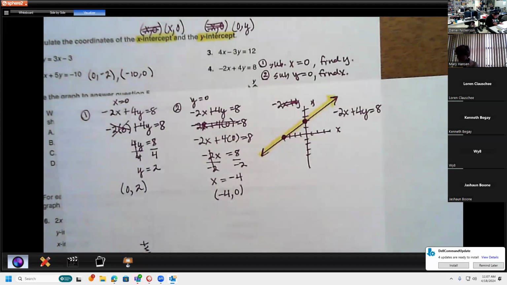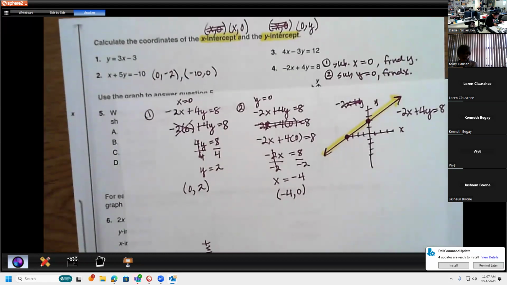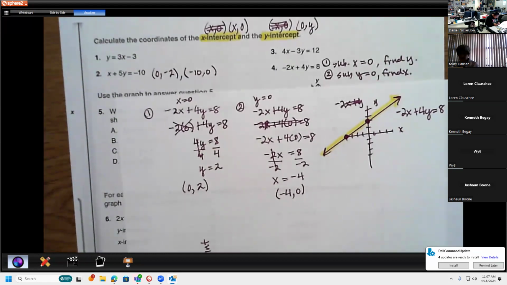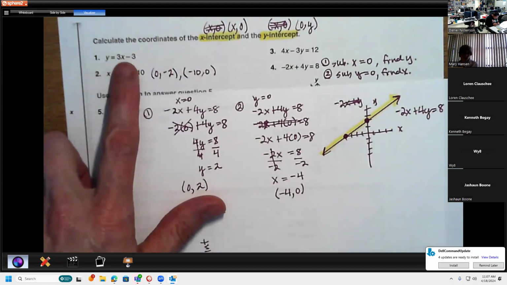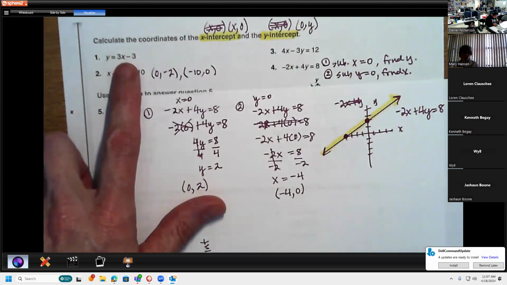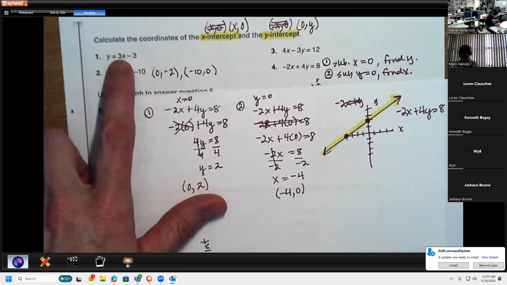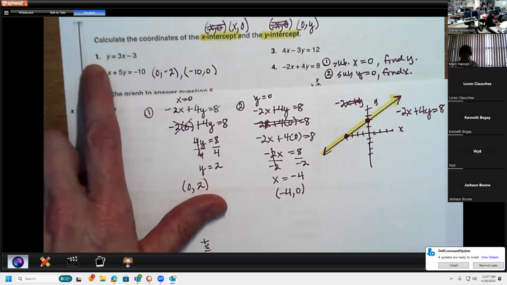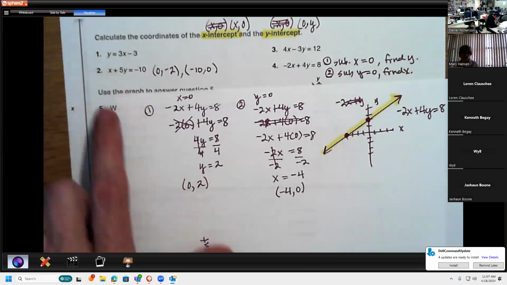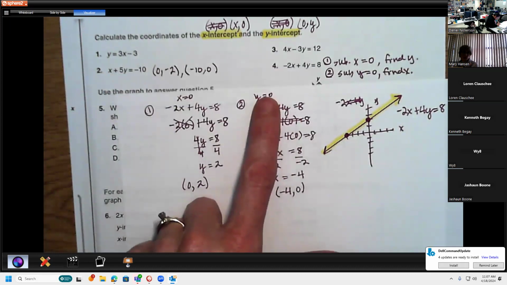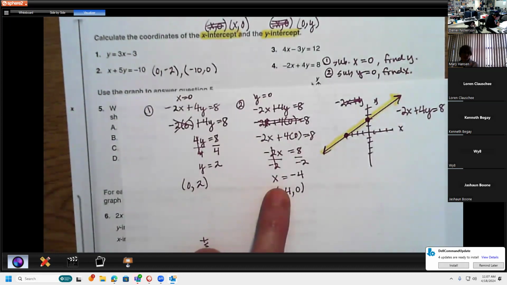So we now know 2 ways to graph a line. We can graph a line when it says y equals, like number 1, we could do like what we did this morning earlier and Tuesday. We could just pick values for x, you get the y. Or when we have a problem like this, it's easier to use our zeros to get 2 points to draw the line.